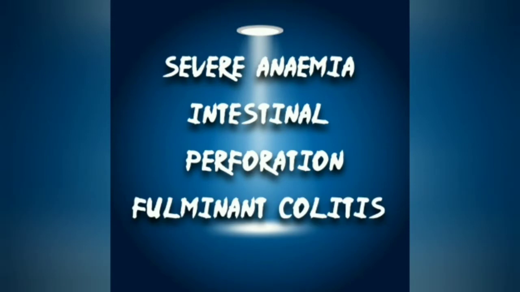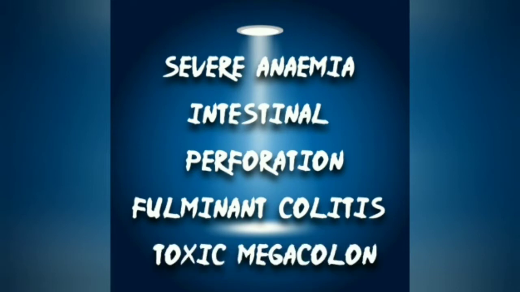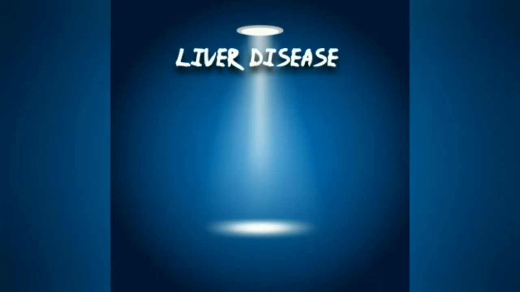Fulminant colitis, which is a rare form of pancolitis due to extensive infection and inflammation leading to bursting of the colon, which is a medical emergency. Toxic megacolon. It is a complication of ulcerative colitis in which the colon swells and becomes dilated. It is also a medical emergency.